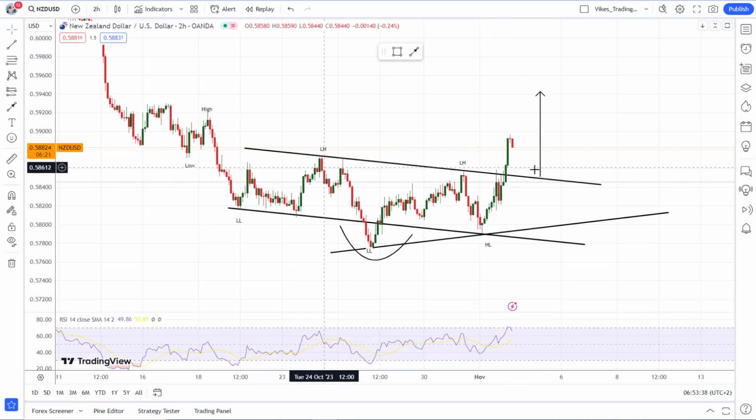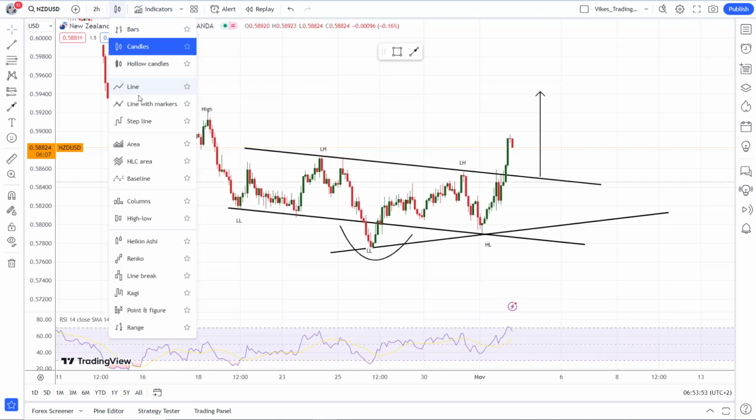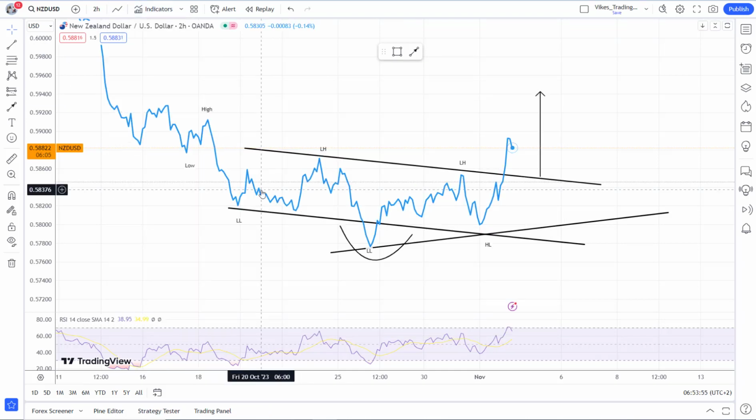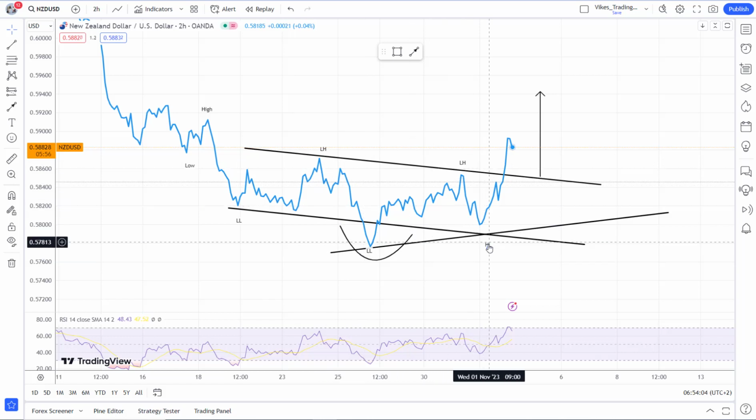This is the neckline, if you remember very well. Let me show you using our line chart. Maybe you can see these are lows, these are highs, these are lower highs, these are lower lows, these are lower highs, and a higher low has now been formed here.